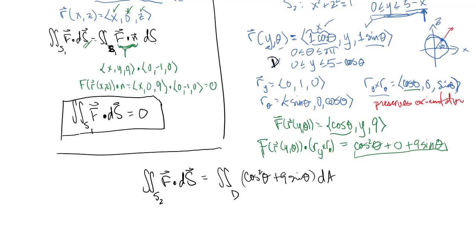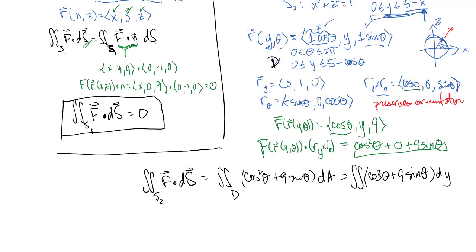I was wondering if we could probably go to polar, but I don't think that would make sense here in this case. So let's just continue on. We can actually now set up a double integral of cosine squared theta plus 9 sine theta. And then we can call this dy.